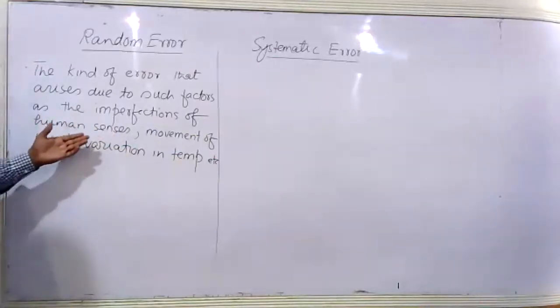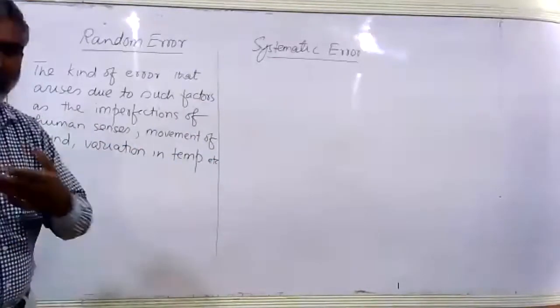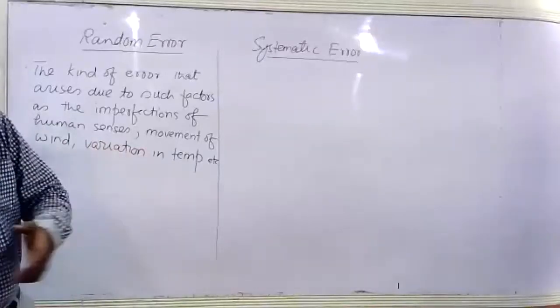Imperfections of human senses, the most important example is the timing of the pendulum. Each time you time 20 oscillations, you have slightly different value you get on the stopwatch, even if you're doing it with great care.